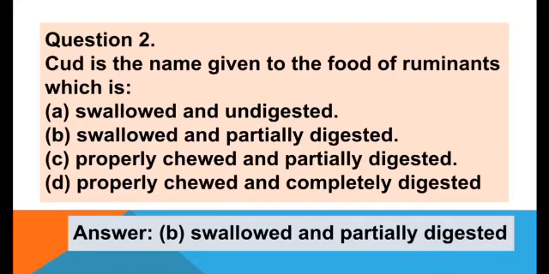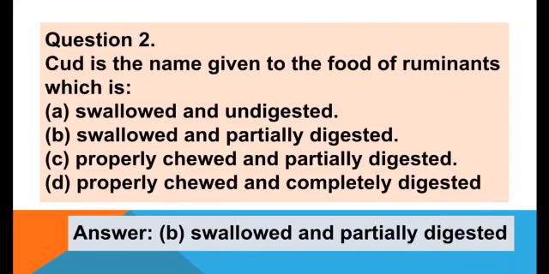So what is cud? Cud is actually swallowed and partially digested food. What happens in the ruminant? They do not chew the food properly once they eat. They swallow the food and store it in the form of cud in the rumen section.